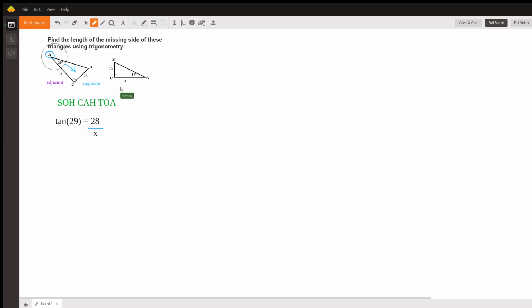And if we were going to set up the other one, this time the angle that they give us is here. So we're going to stand on this angle.